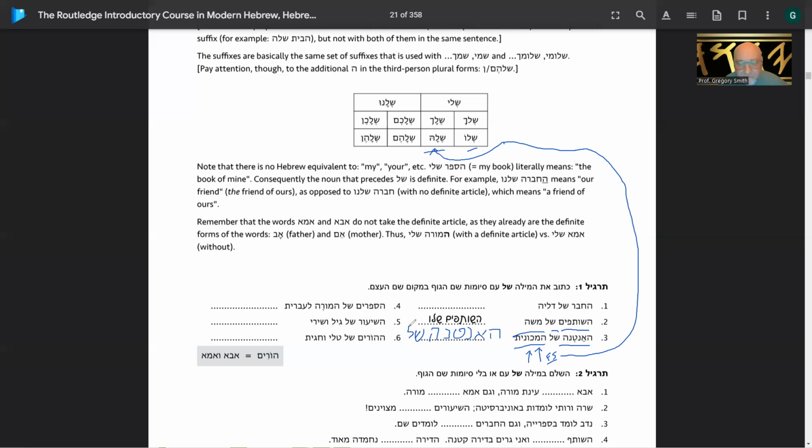If I'm not correct about that, then it's definitely going to be this other one, but I think it's this one here. Antenna shela. Yeah, I was right. There it is.